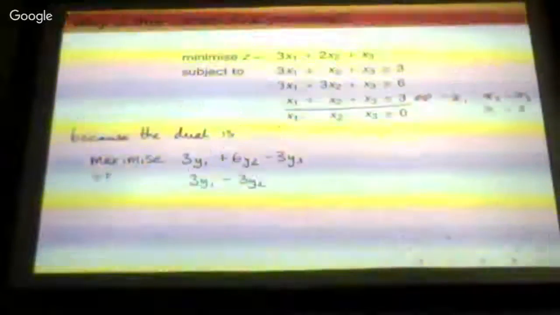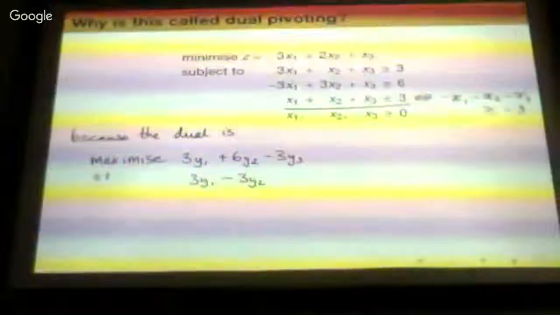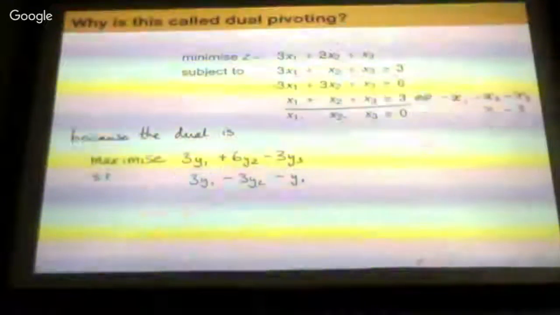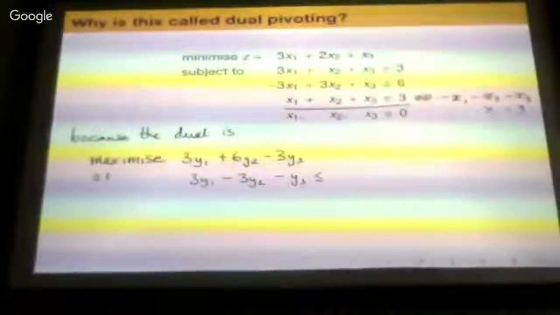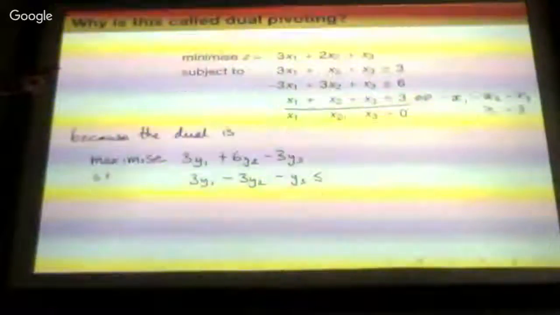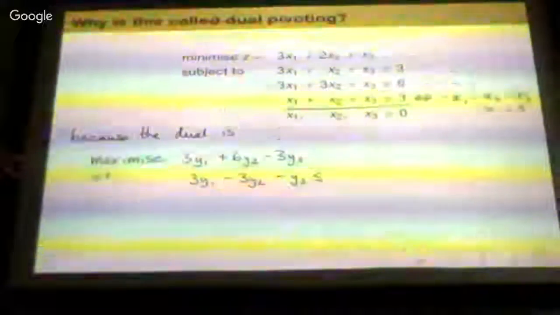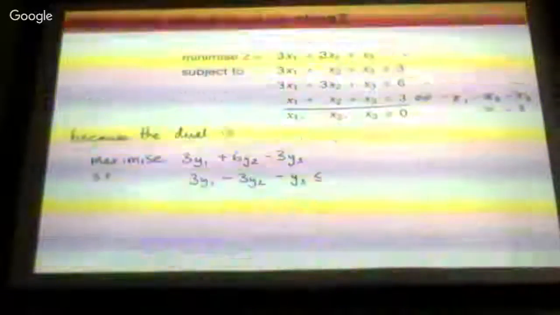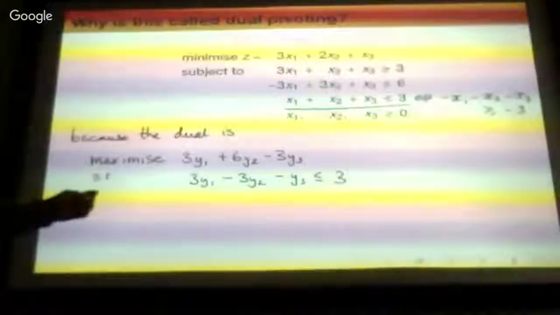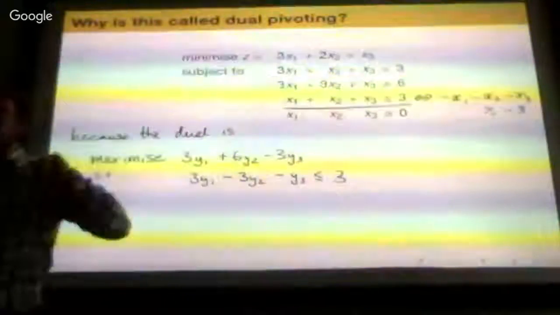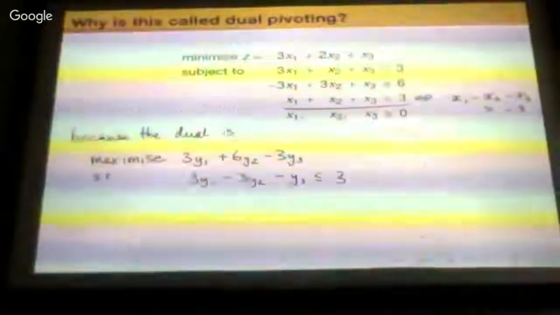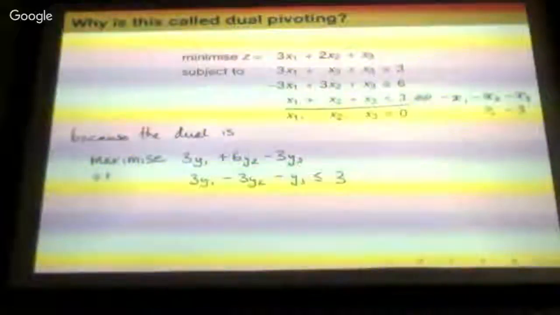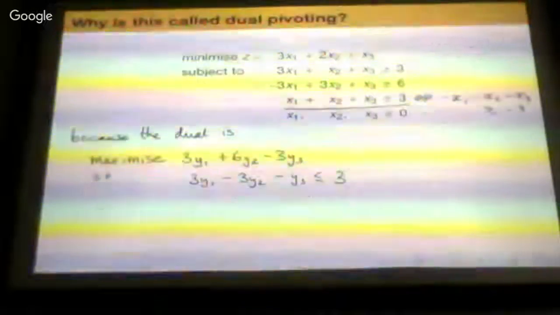So minus y3 plus y3 should be less than or equal to, because I'm going from minimization, greater than, to maximization, less than. And it should be 3. And that 3 is coming from here.